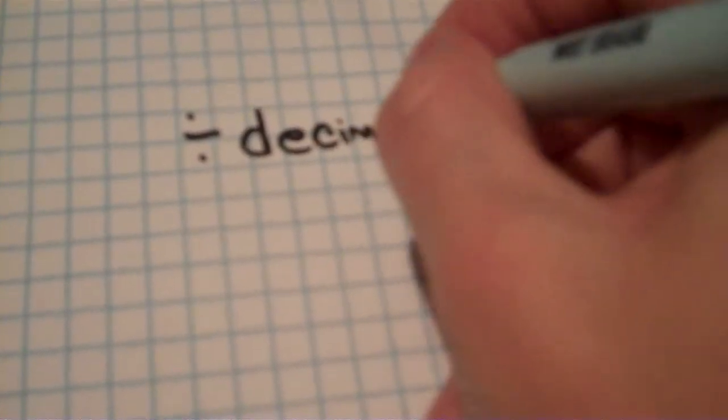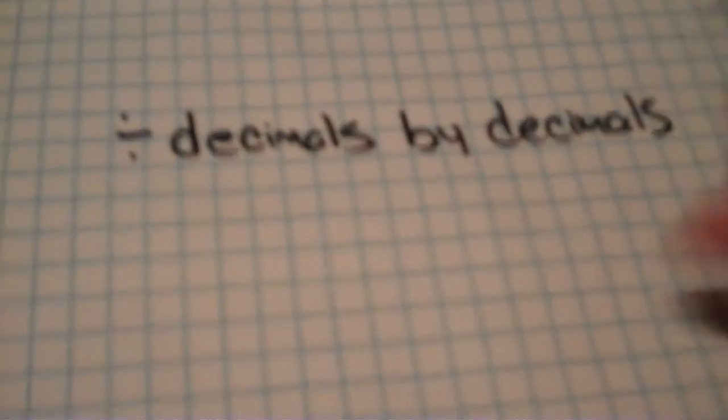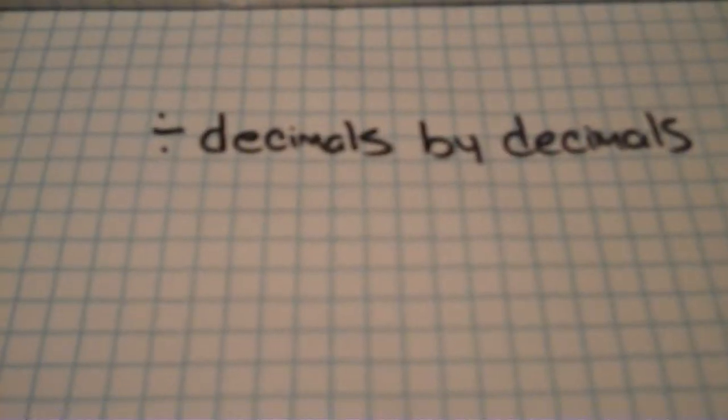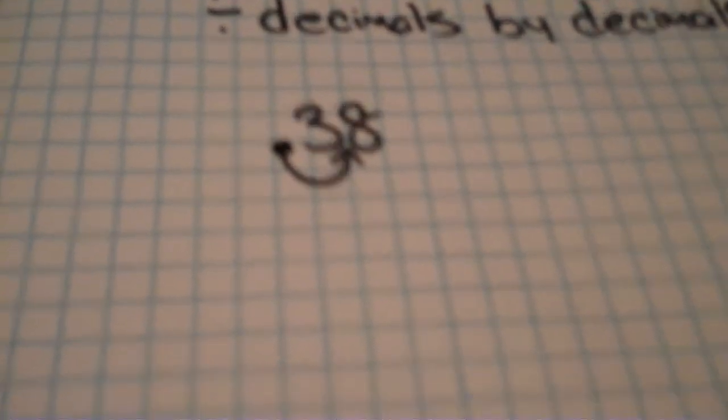Now let's look at dividing decimals by decimals. Think about it this way. I've got the number 38 hundredths. Anytime you move a decimal point to the right one place, you're actually multiplying by 10.